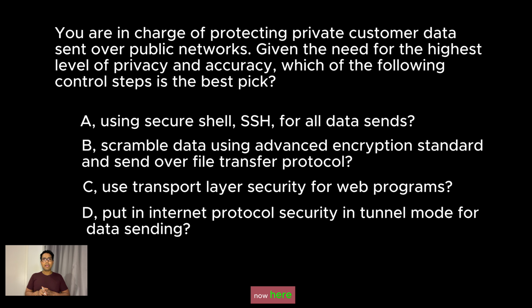Now, here you are protecting private customer data sent over a public network, needing the highest level of privacy and accuracy. So, there is much technology in this question. But again, where is the risk? It is within the data, right? Not the fancy method or whatever.